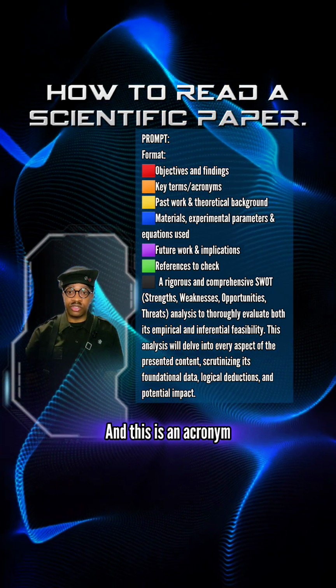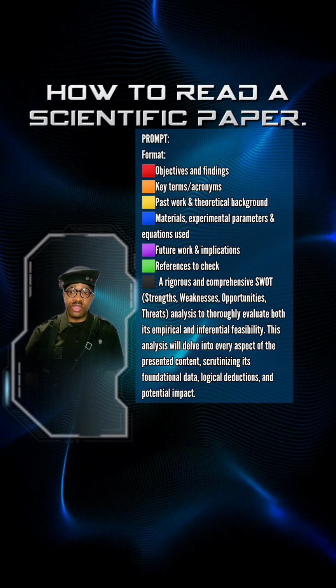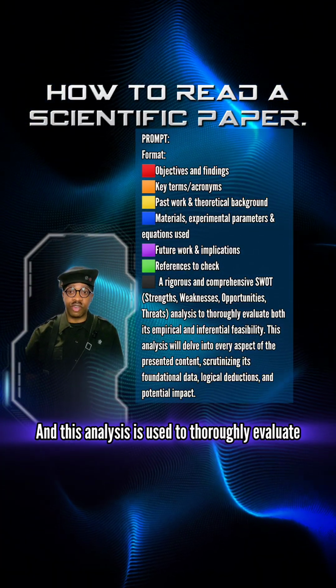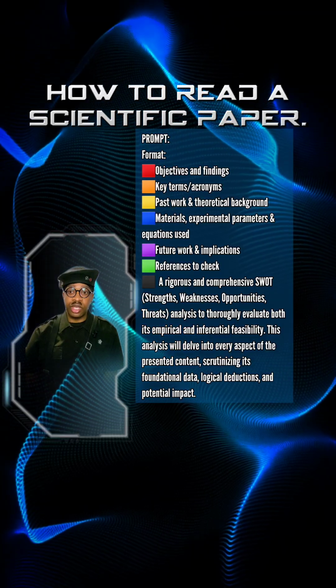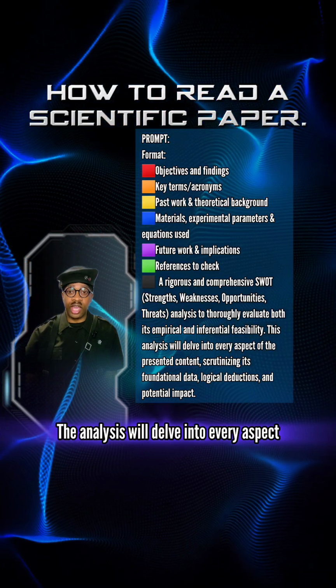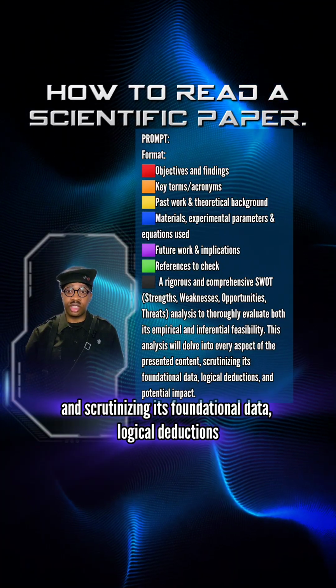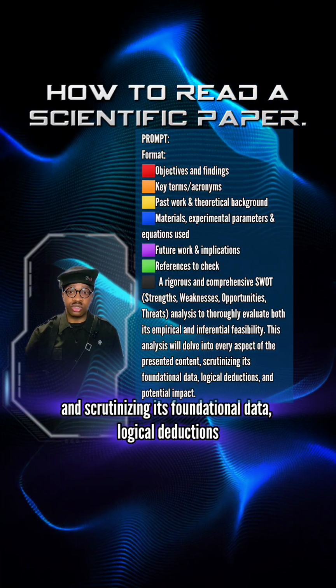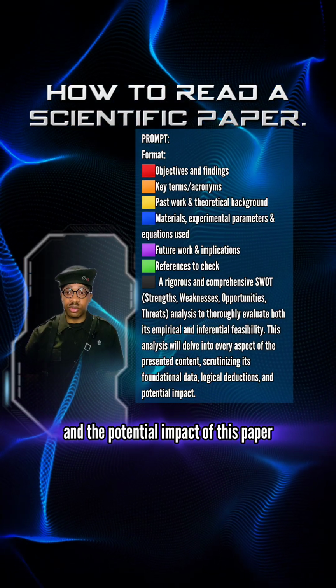This is an acronym that stands for strengths, weaknesses, opportunities, and threats. The analysis is used to thoroughly evaluate both its empirical and inferential feasibility. The analysis will delve into every aspect of the presented content, scrutinizing its foundational data, logical deductions, and the potential impact of this paper.